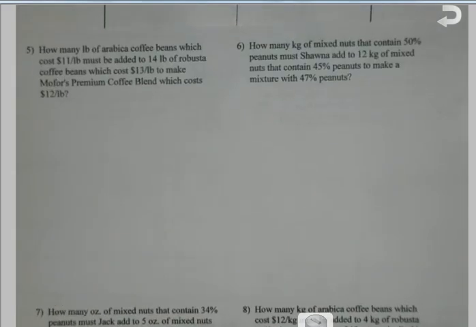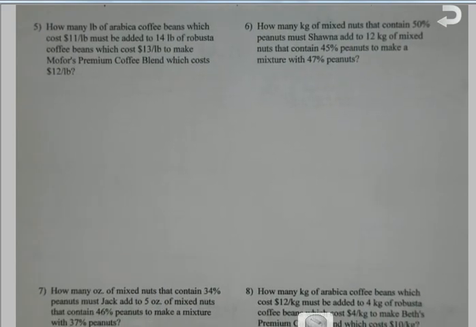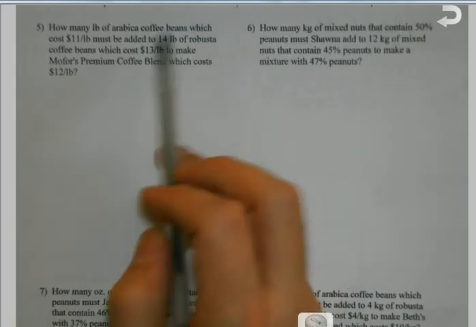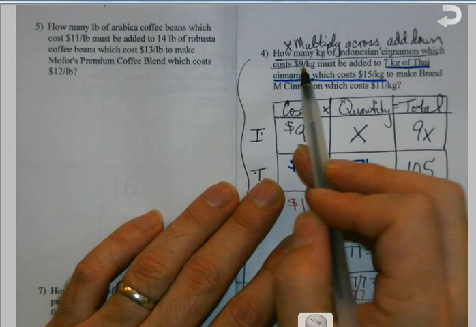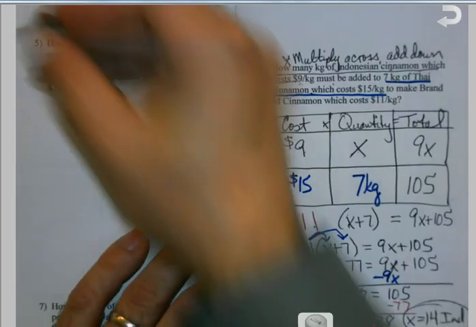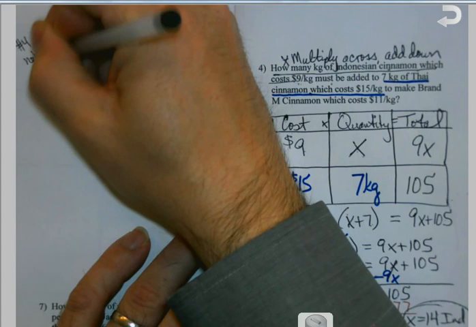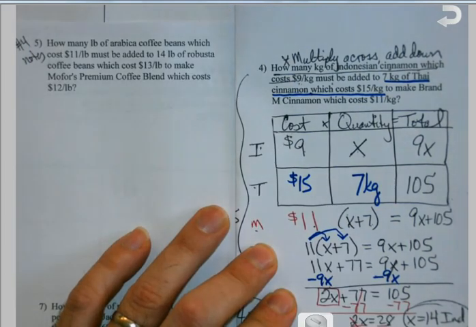On the back, we're trying to figure out how many pounds of coffee beans must be added. How many kilograms must be added, okay? So number 5 here would be like number 4 sets up on the notes.